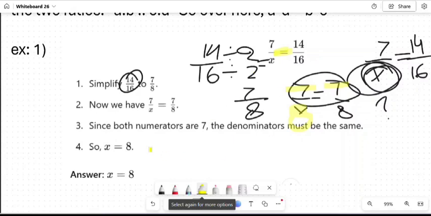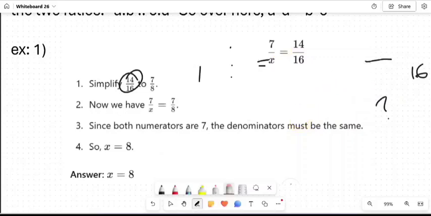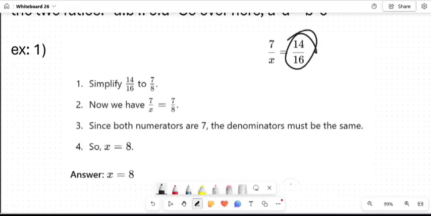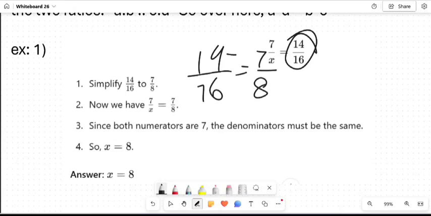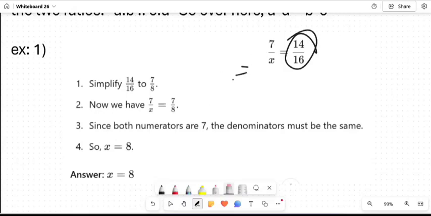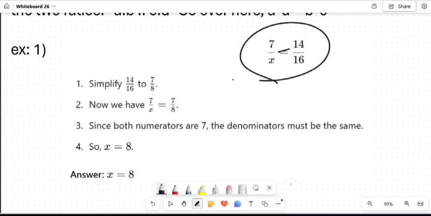I will repeat once more. First of all, simplify 14 by 16 to 7 by 8. How do we simplify it? Divide by 2, and the answer we get is 7 by 8. Now both of these fractions are in proportion to each other; they have an equal sign.